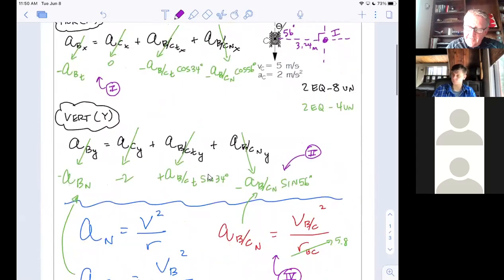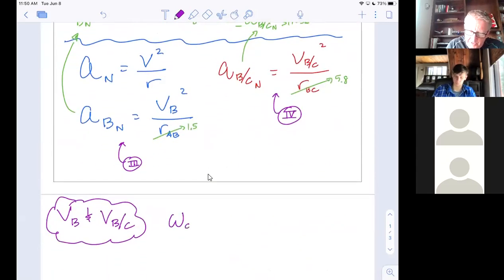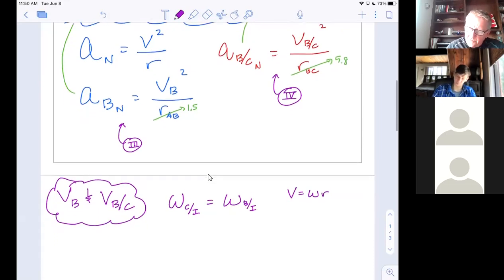So I could say CI, the rotational speed of C as it rotates around I, will match the rotational speed, omega, angular velocity is kind of the other way to say it, of B as it rotates around I. Those are going to be identical to each other, since I have one center that applies to both of them. And since, if I remember right, we said that the linear speed is modified by taking the rotational speed times R, then I could just replace these.